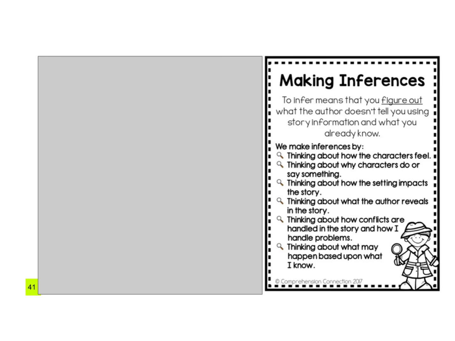This is what a growing reader does to infer. Lastly, we think about what may happen based on what I know. This is called a prediction, and a prediction is a type of inference. Today we have learned how a growing reader uses the clues to create something new or make an inference.